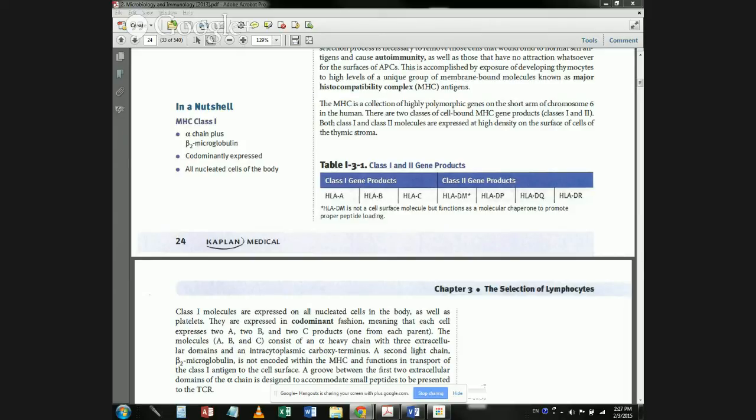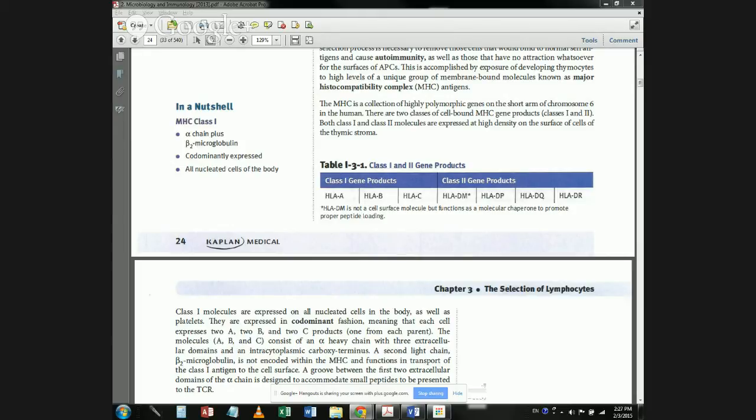Now note that HLA-DM is not a cell surface molecule, but it functions as a molecular chaperone to promote proper peptide loading, to make sure that the peptide is loaded and docked on the cell membrane, perhaps.